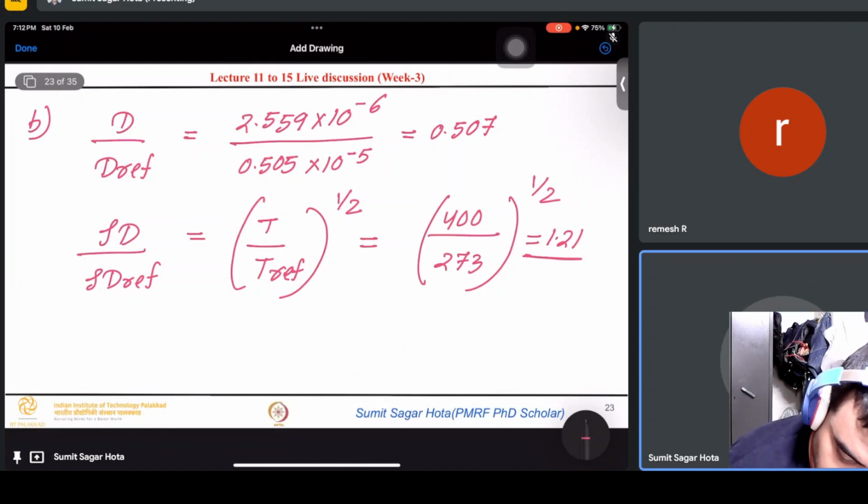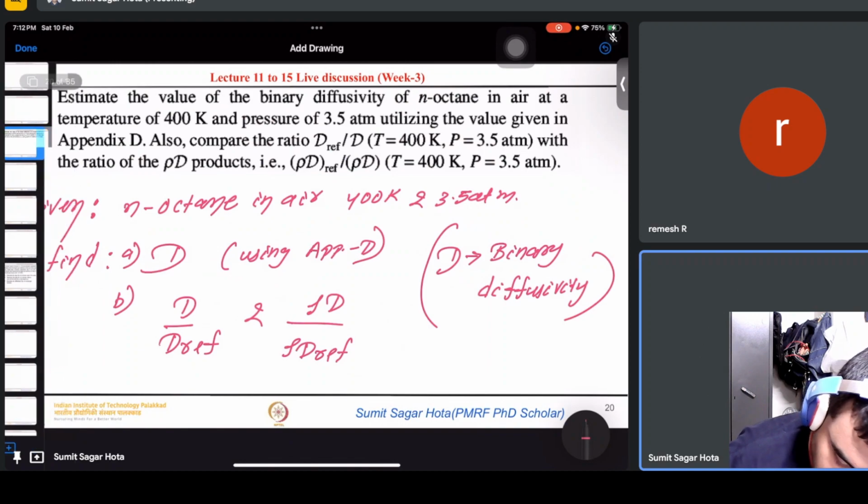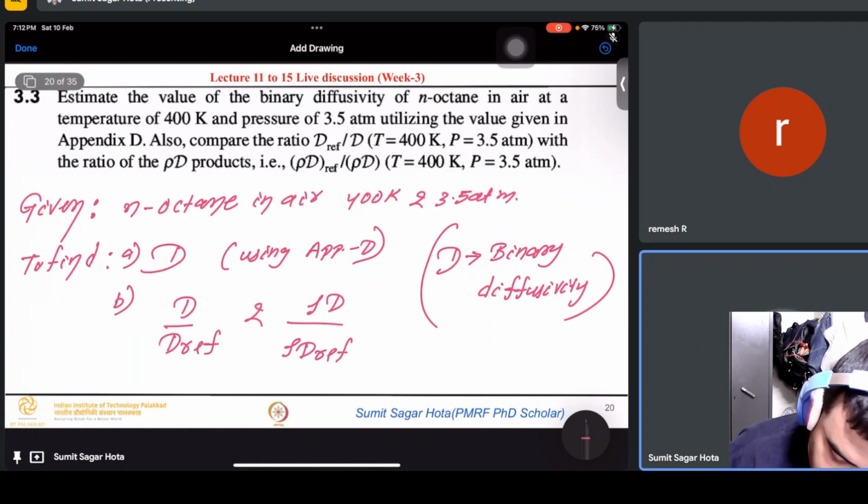Now you see the values, what they actually want. They asked to compare D by D_ref and rho D by rho D_ref.